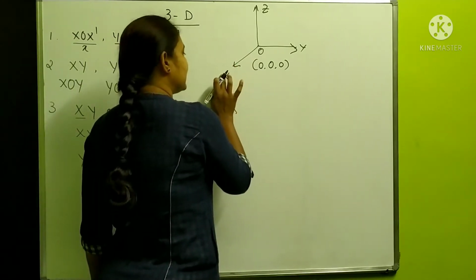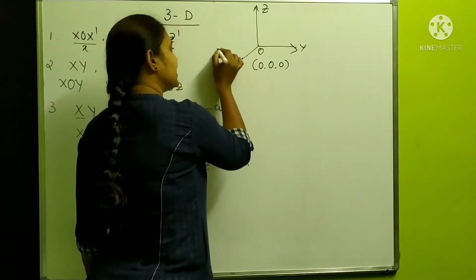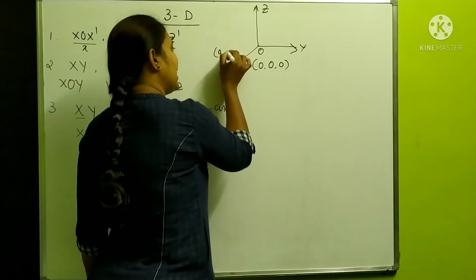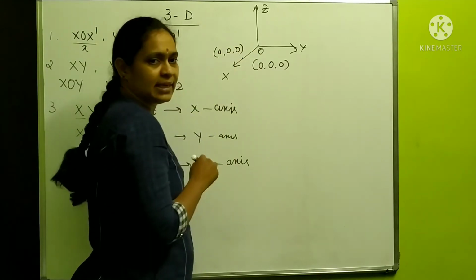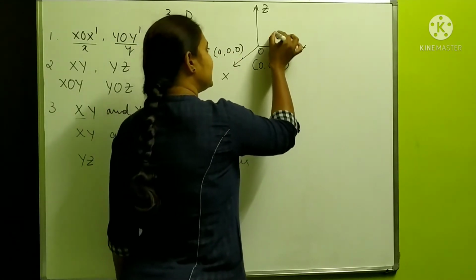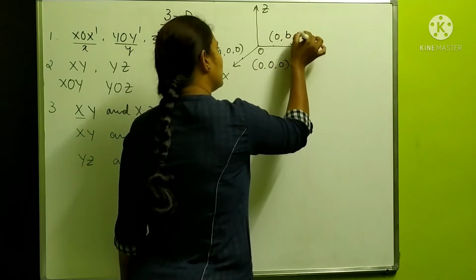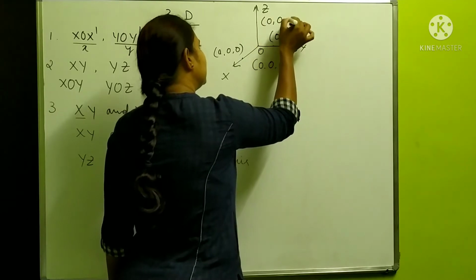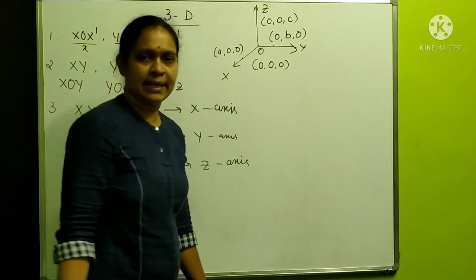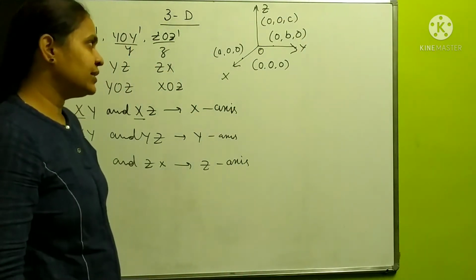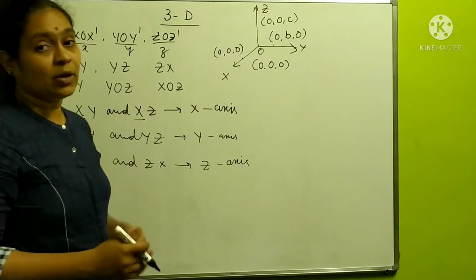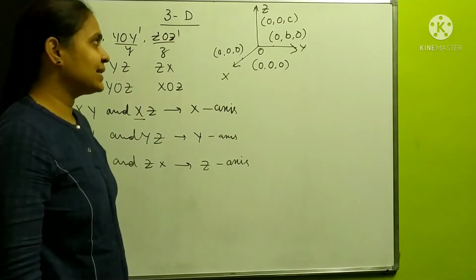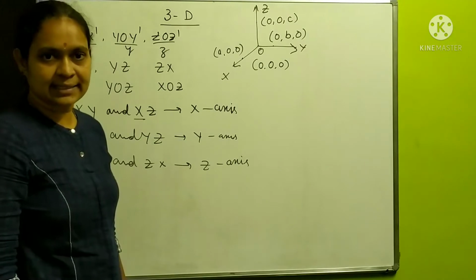A point on the X-axis is given by A, 0, 0. A point on the Y-axis is given by 0, B, 0. A point on the Z-axis is given by 0, 0, C.